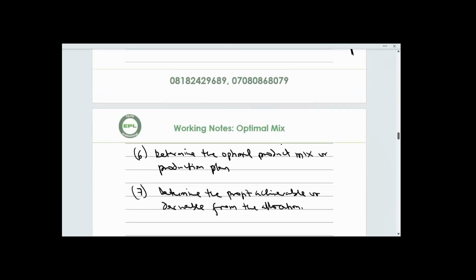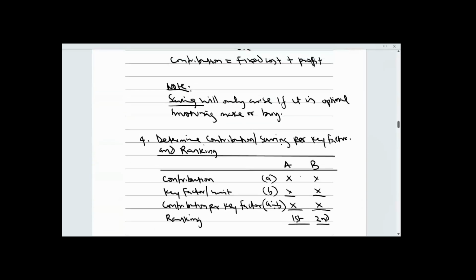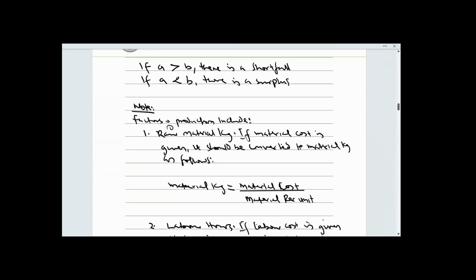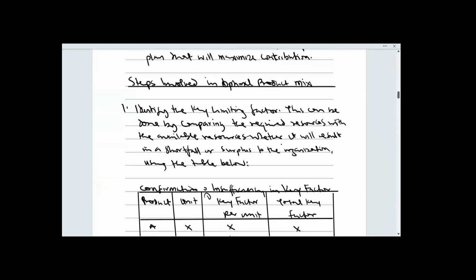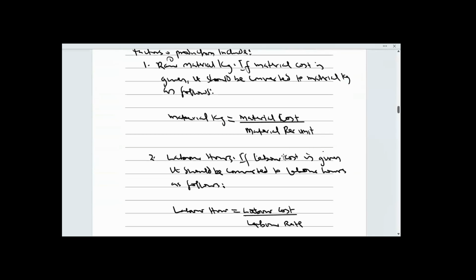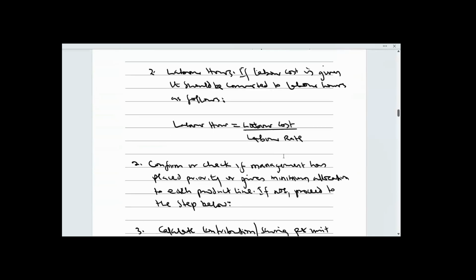So like I said, anytime you want to determine optimal production plan, the first thing you are going to do is to identify the key limiting factor. Whenever you want to determine optimal production plan under single constraints using key limiting factor, you identify the key limiting factor. Then step 2, you confirm from the question, or you check if management has placed priority or given minimum allocation to each product line. All right. But if that does not arise, then you move to step 3.